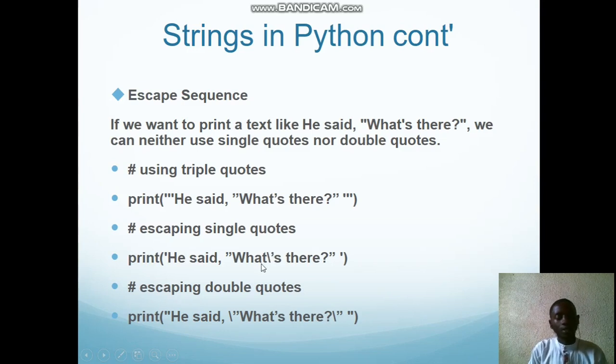And the third one, we can use a backslash in front of the double quotes of this sentence. Then we can apply double quotes so that we can neutralize these quotes. If you use this backslash, like what we have used here, it neutralizes these quotes. Then you can use double quotes as usual.